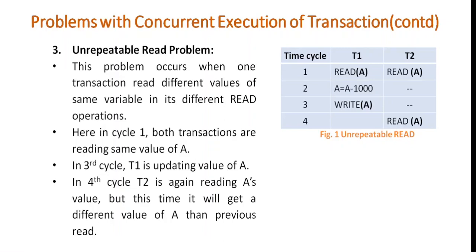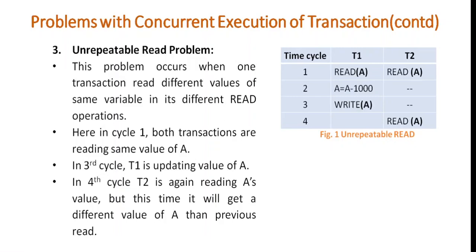Means T2 transaction is getting two different values of account A. At time cycle 1, T2 will get one value, and at time cycle 4, it will get a different value. Because at time cycle 1, T2 is reading the initial value of account A, and meanwhile, that value is updated by transaction T1.